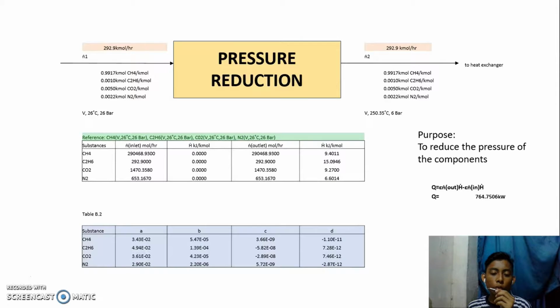So to calculate the heat, to calculate the Q, I just use a simple calculation.